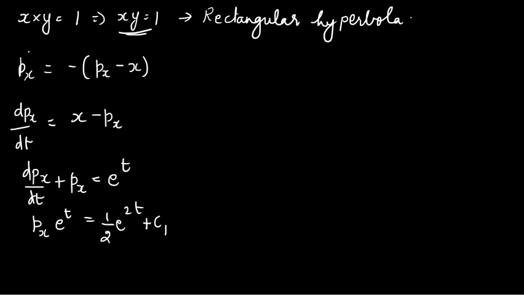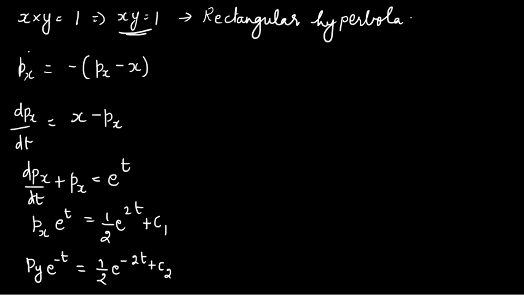Similarly, if you do for py dot, you'll get the same thing. I'm not going to do it for py dot. You have to do the same steps, simplify this differential equation and get this value. So you are going to get this value, which is equal to, plus C2.